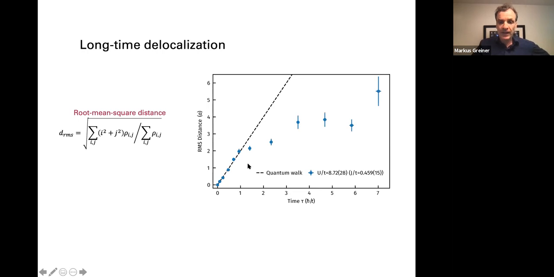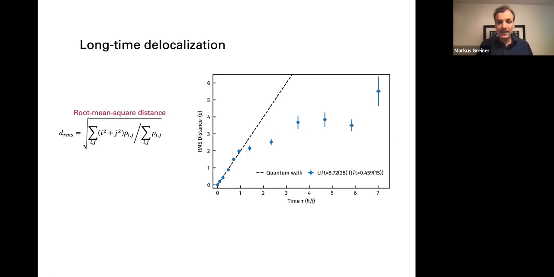And what we find is that at short times, like up to one tunneling time, the motion of the hole, so this is the RMS distance, how far the hole has traveled versus the time. So for short times, we find that it moves ballistically as you would expect for a quantum walk, but that's essentially this very first step where it would tunnel to the neighboring lattice site and maybe slightly beyond. So there you have this ballistic kind of motion as you know it from the quantum walk.